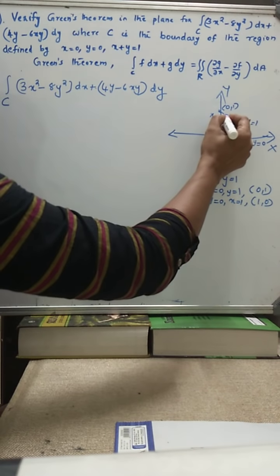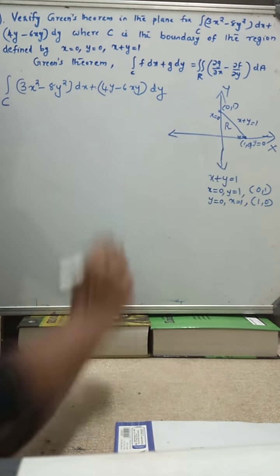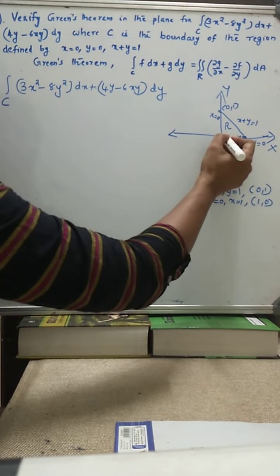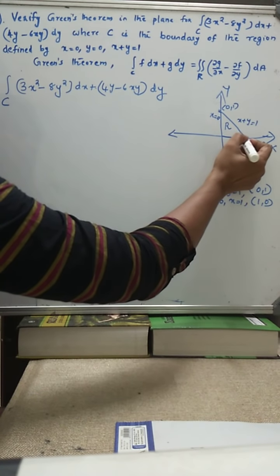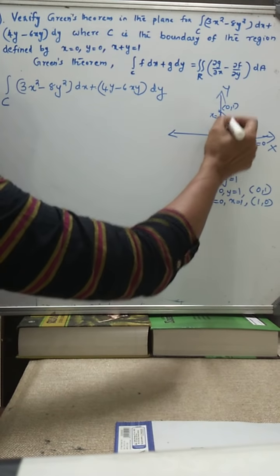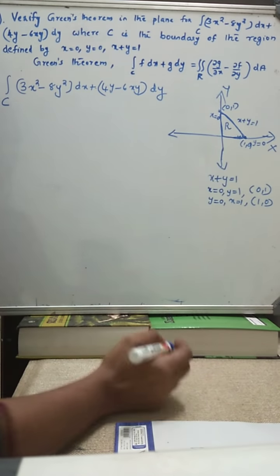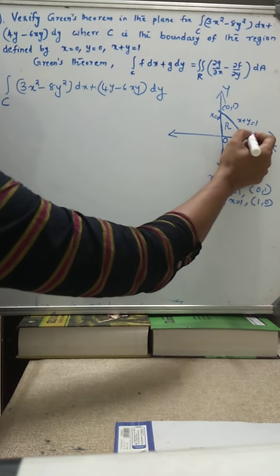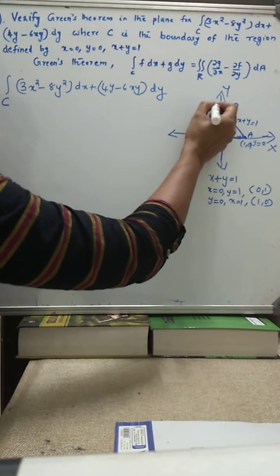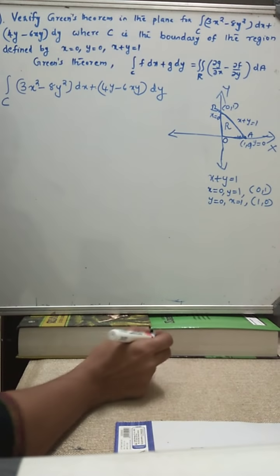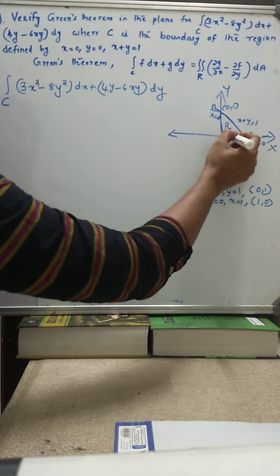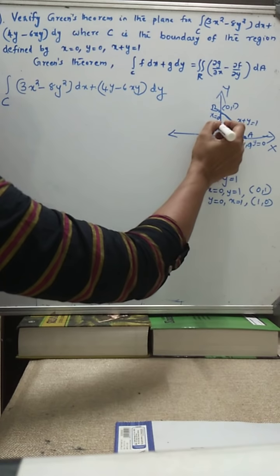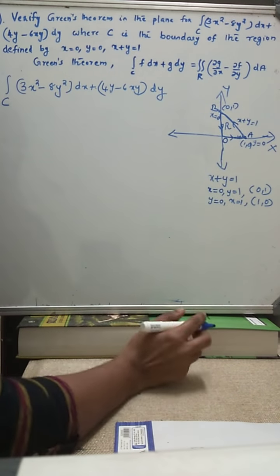So the required region is this, given by the lines x = 0, y = 0 and x + y = 1. Let us name this region O, A, B, O, and let us define the boundary as C, in the counterclockwise direction.